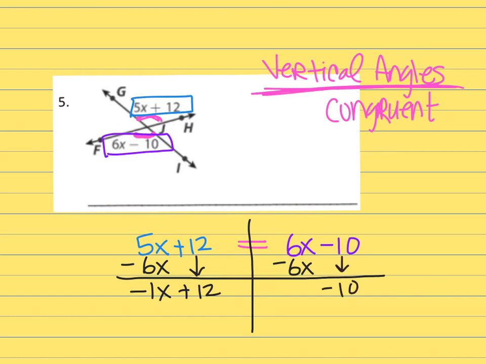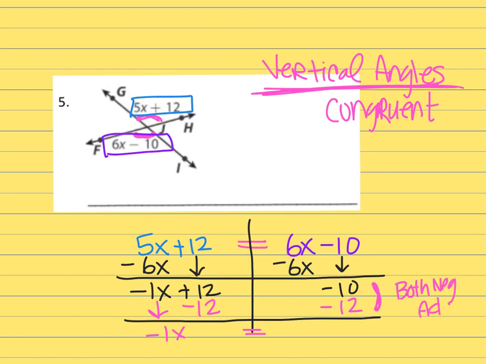Then I need to move this positive 12 to the opposite side, so it turns to negative 12. I'm going to bring down my negative 1x and say it equals negative 10 and negative 12. These are both negative, so you should be adding those two numbers together. That's negative 22.